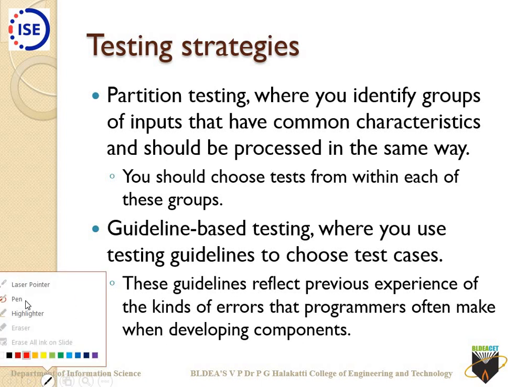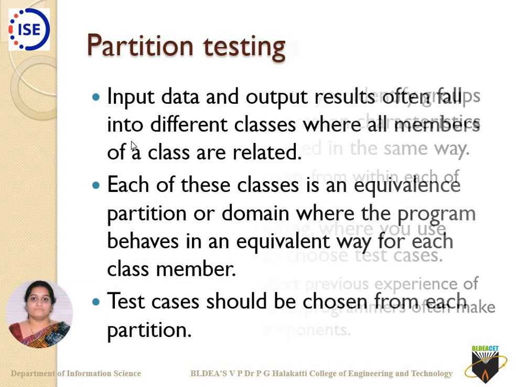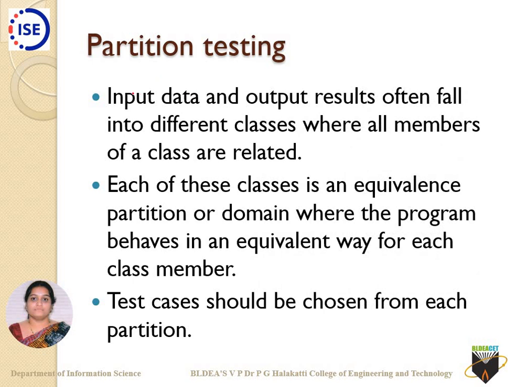Let us come to partition testing, wherein we say that the input data and the output results often fall into different classes, where all the members of a class are related to one another. Each of these classes is an equivalence partition. Keep that in mind. For example, if x and y are my variables and I say that x and y lie within a range of 10 to 20, then there are three kinds of partitions which I can make.